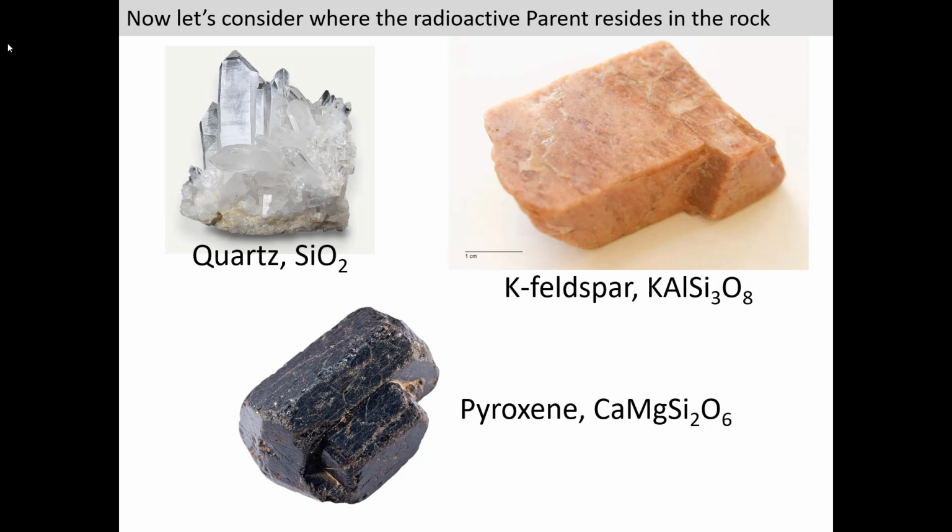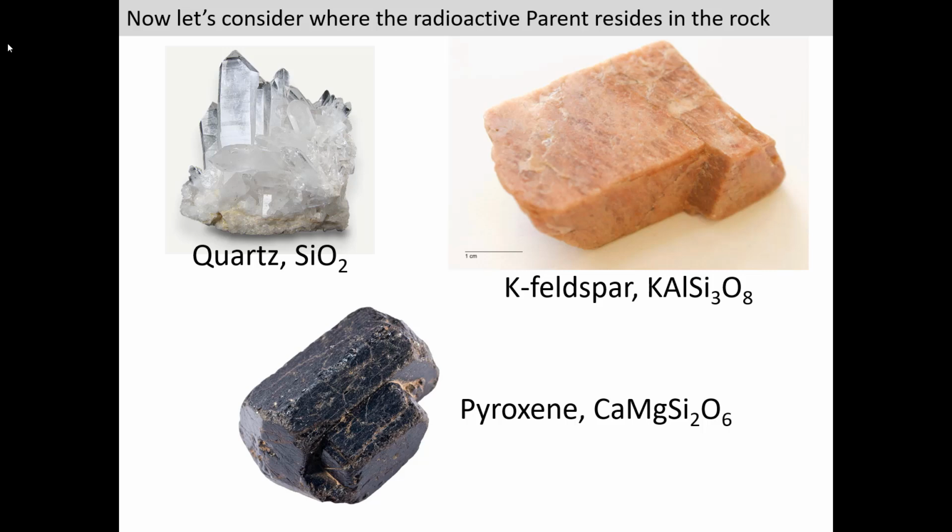Okay, now in order to figure this out, one of the key ideas is that we have to think about where rubidium and strontium actually go into the rock. Remember, rocks are made up of minerals, and so the question of where those elements go into the rock can be turned into where those elements go into the minerals.